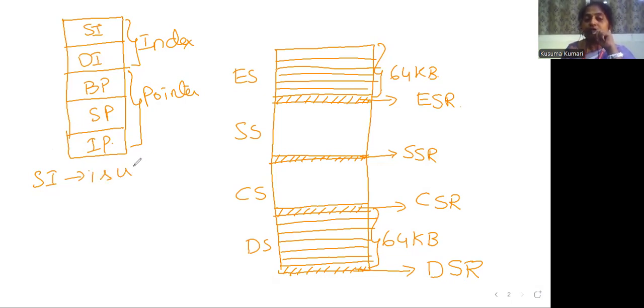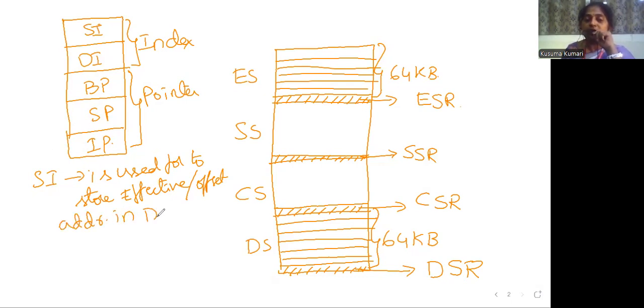to store the offset address, the effective address or offset address. Already in the last video I told you what the effective address and offset address are, in the data segment.